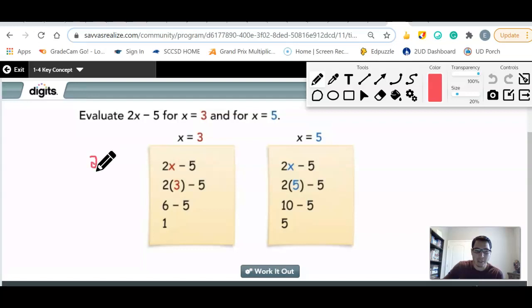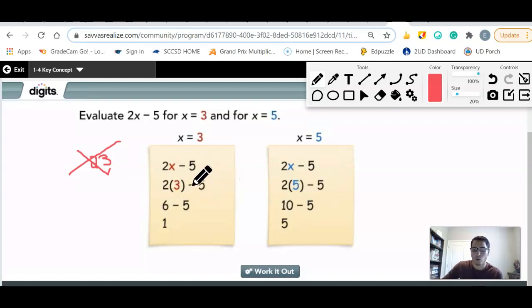This does not become 23. No, please do not do that. That's one of the most common mistakes people will make. 2x is 2 times 3. So when we substitute that 3 in for the variable, that becomes 2 times 3.